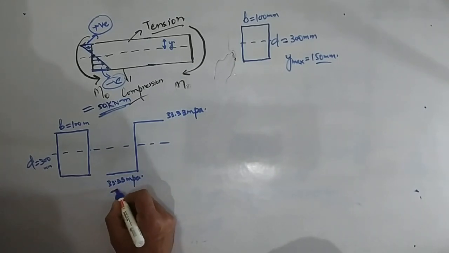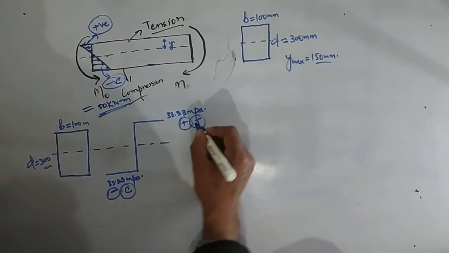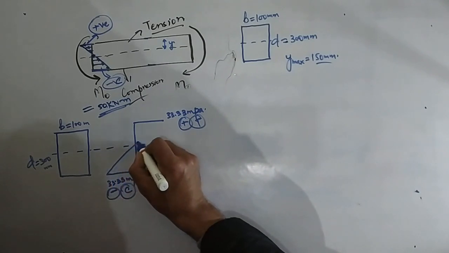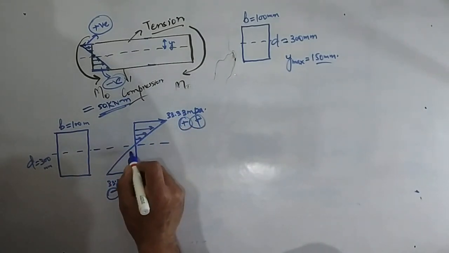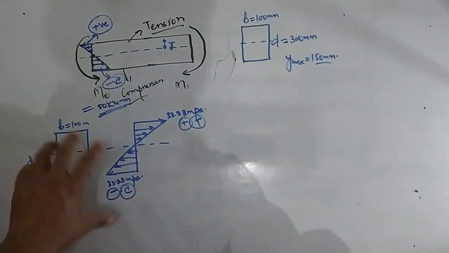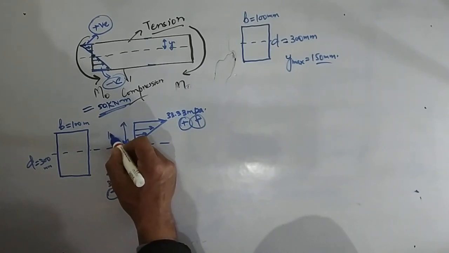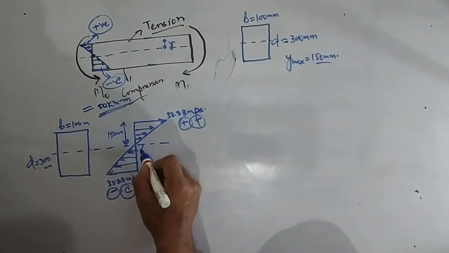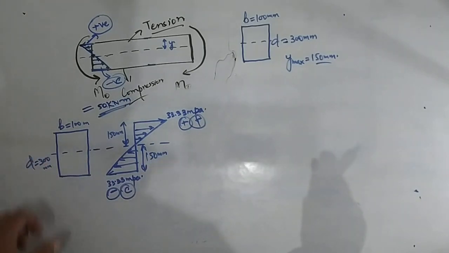But this will be negative because it is compression, and this will be positive because it is tension. I'll be joining it in this fashion. For tension, I will draw arrows away from the section, and for compression towards the section. So what is the position of the neutral axis? It will be 150 mm from the top and 150 mm from the bottom, since the depth of the section is 300 mm total.